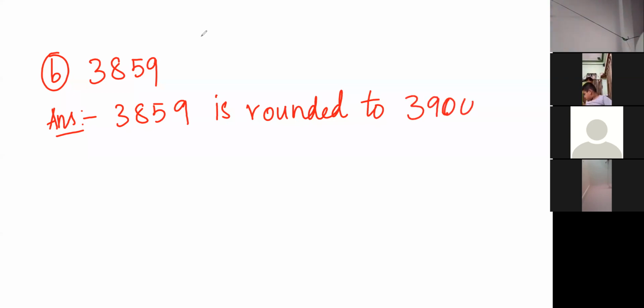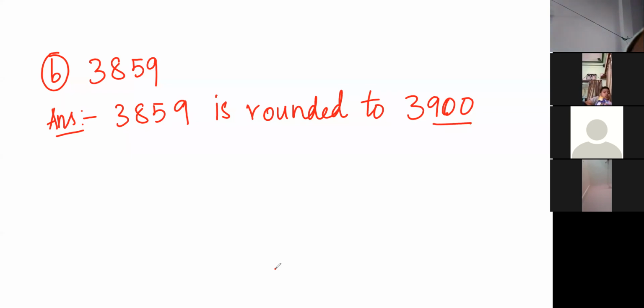Got it? That means what? The numbers which are from the hundreds place onward. What is there in the hundreds place number? What is the hundreds number here? 859, right? 859 is closer to 900 but not 800.